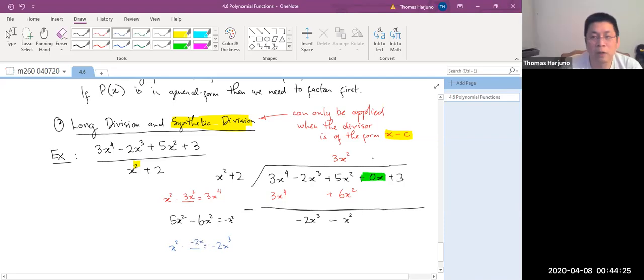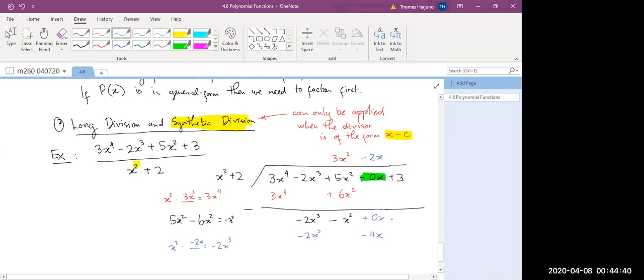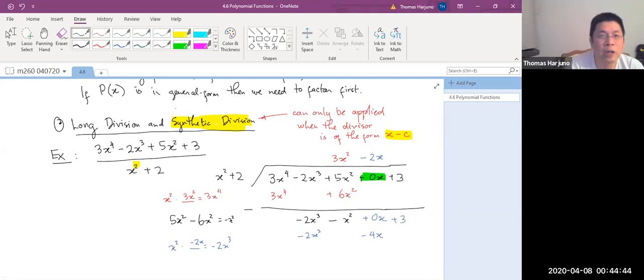Now the place value for negative 2x is here. And then I distribute that negative 2x to the divisor. It gives me negative 2x cubed minus 4x, right? And then I subtract.